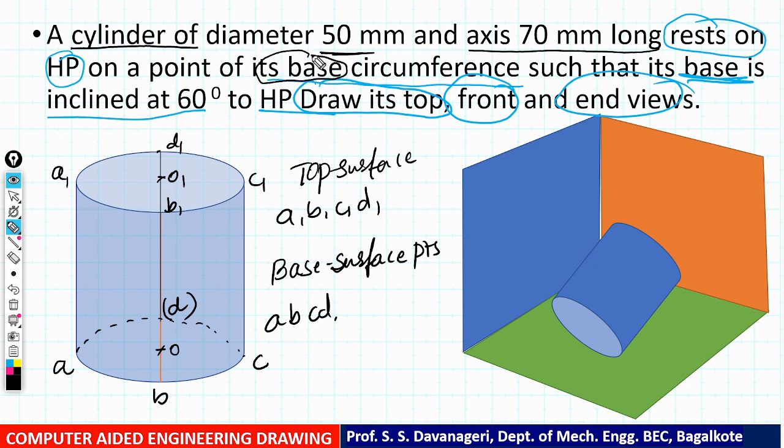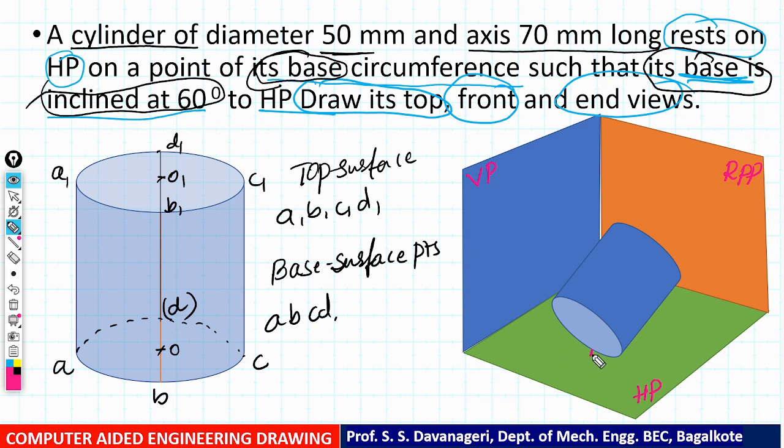Now just observe the problem definition. Its base is inclined at 60 degrees to HP. Now observe its orientation concept here. Let us assume this is a vertical plane, this is a horizontal plane, and this one is the right profile plane.